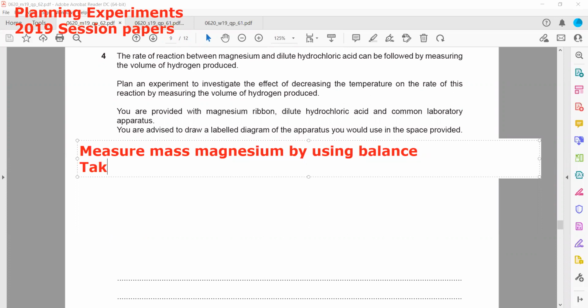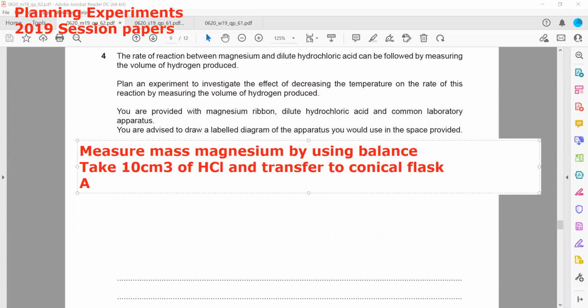Then we will take 10 cm cube of hydrochloric acid and transfer to a conical flask. Then we will add magnesium ribbon, measure the temperature by thermometer.